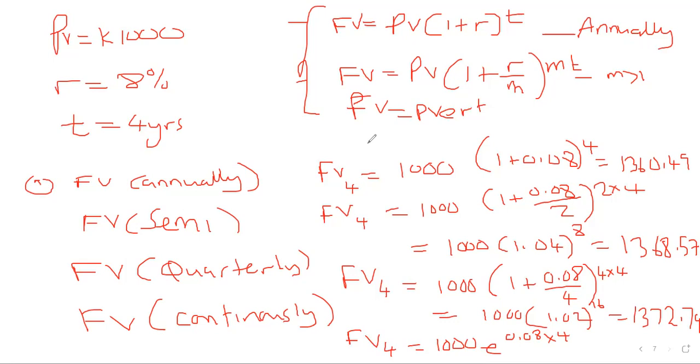You're going to get 1,377.13. So you see, the more you compound, the higher the interest. So we are understanding that when you invest money now, years from now, it will grow.